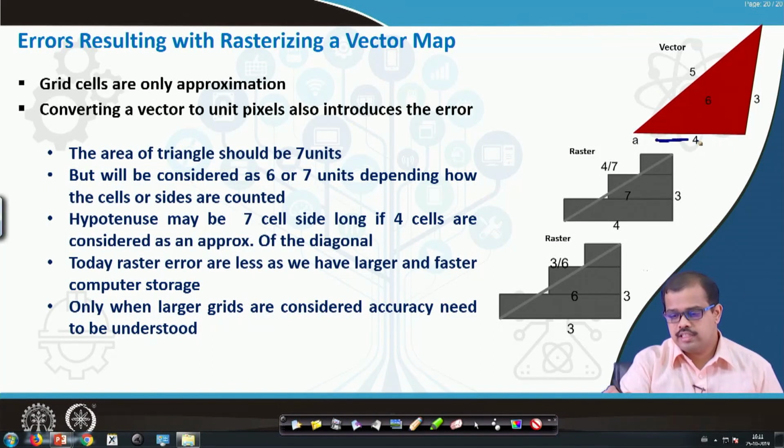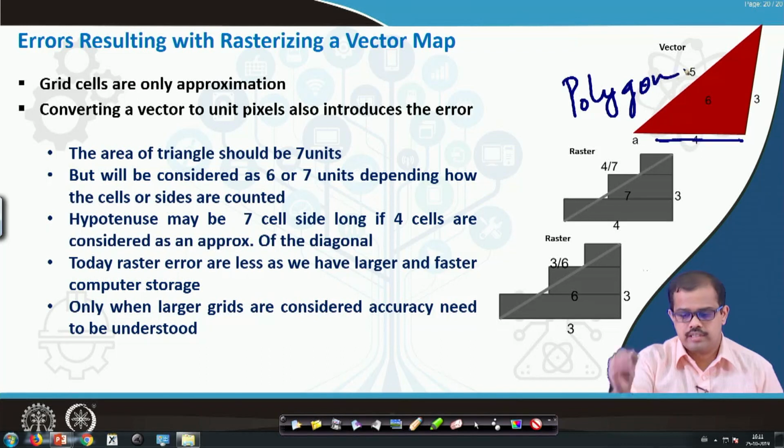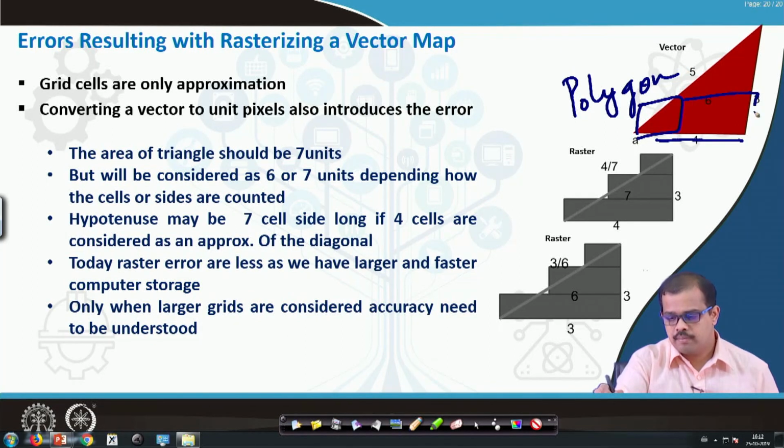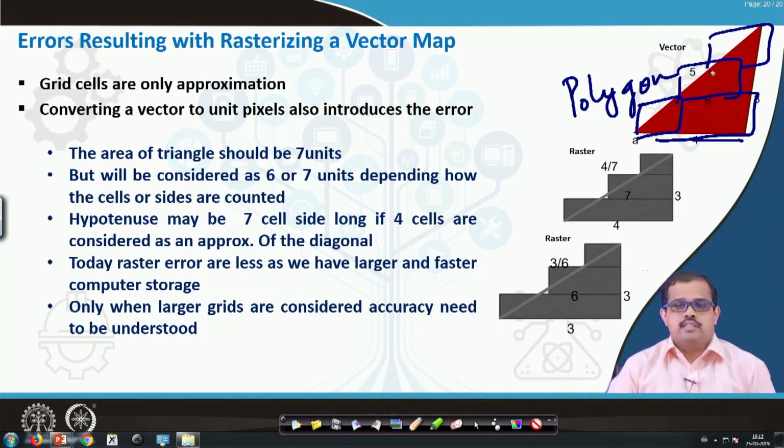Let us say we are converting it to a raster unit, which means we are converting it into the form of pixel data, of equal pixel size. That is how we will be doing it.